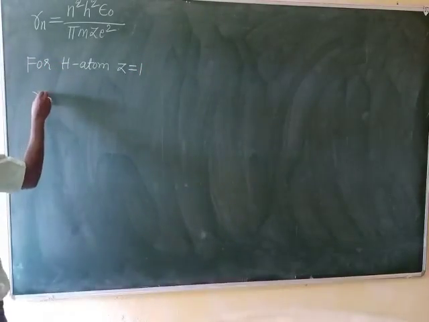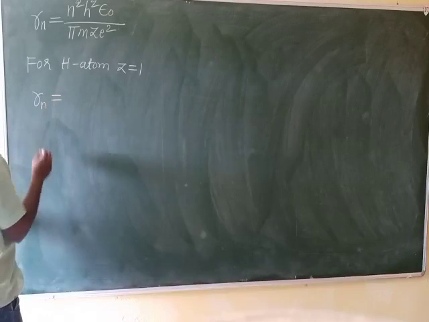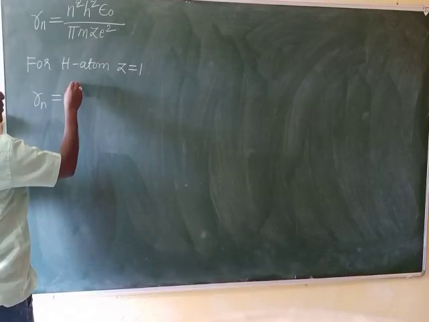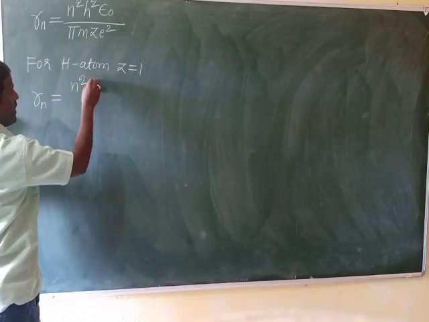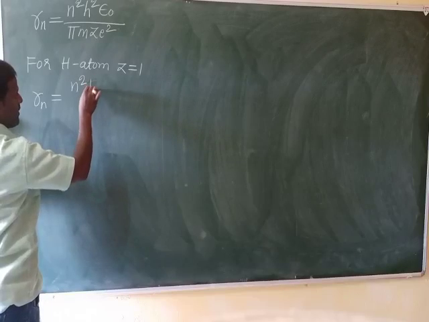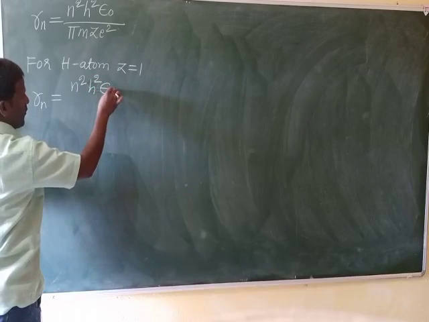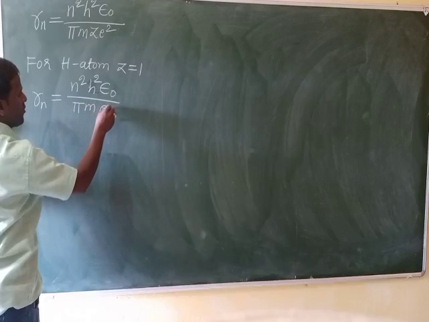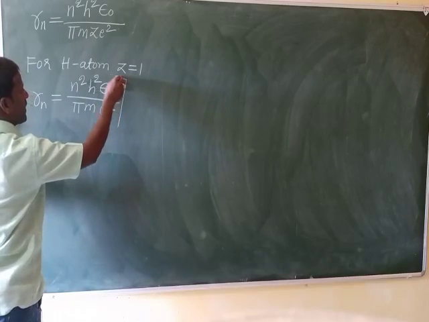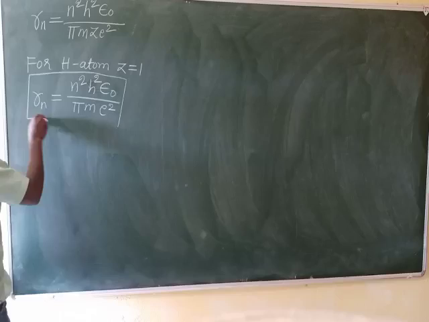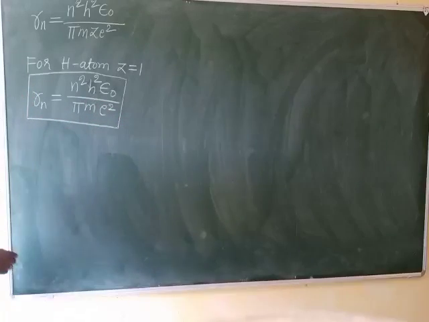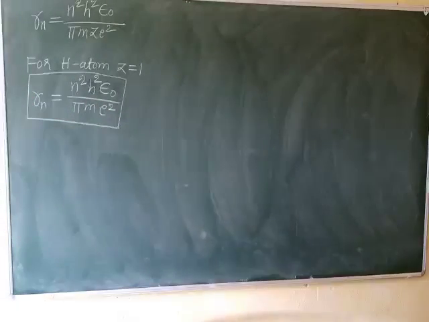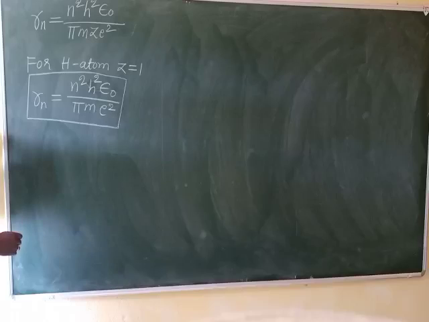Therefore, the expression for the radius of the nth orbit of the hydrogen atom is n square h square epsilon naught divided by pi m e square. So let us find the value for the first orbit of the hydrogen atom.